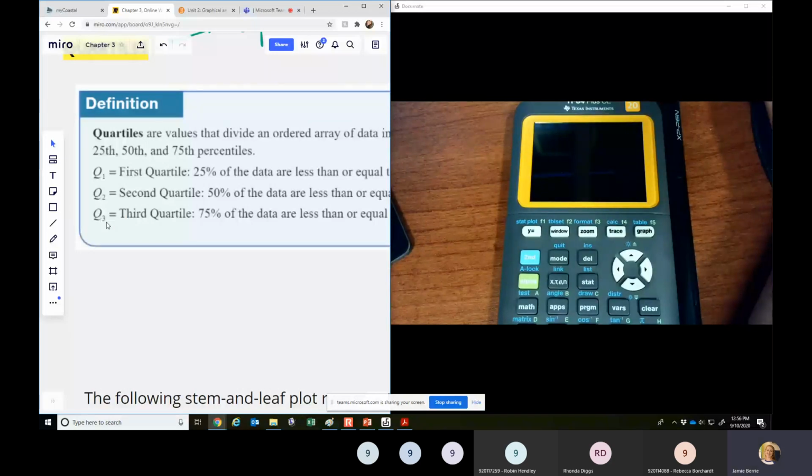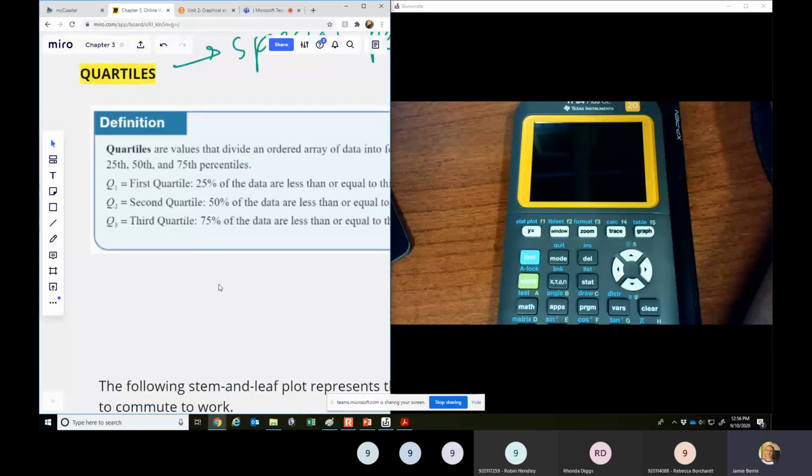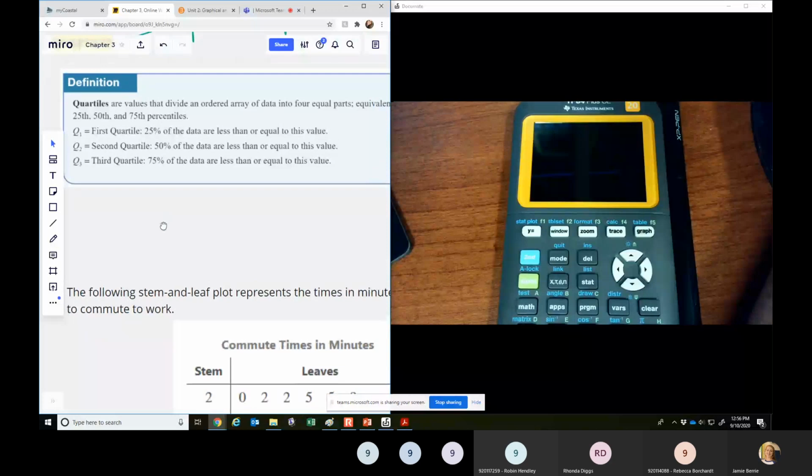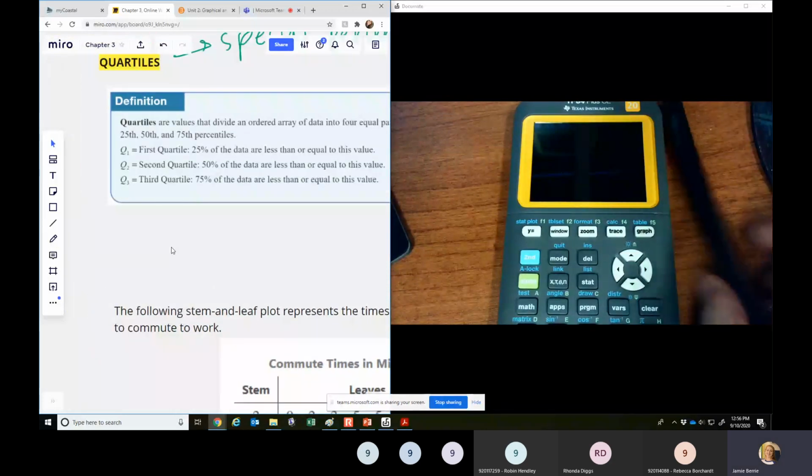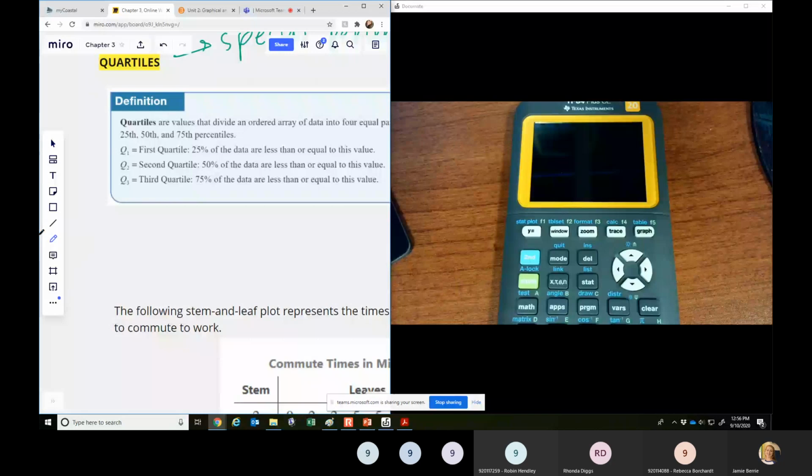And Q3 is the third quartile, which is the same as the 75th percentile. The second quartile, the 50th percentile, is also known as the median.